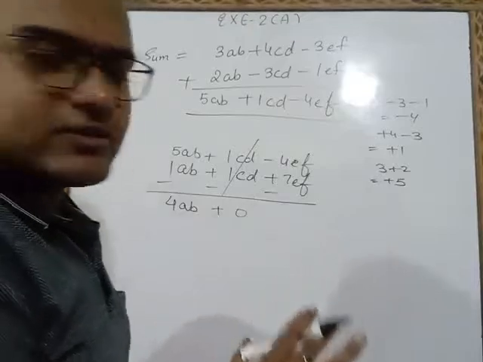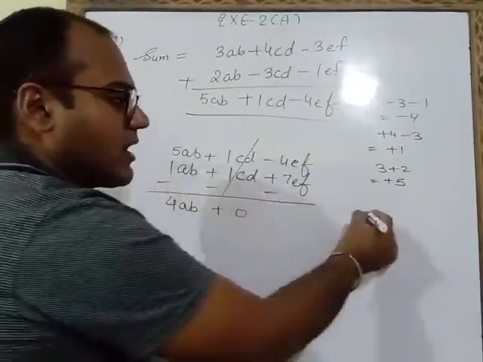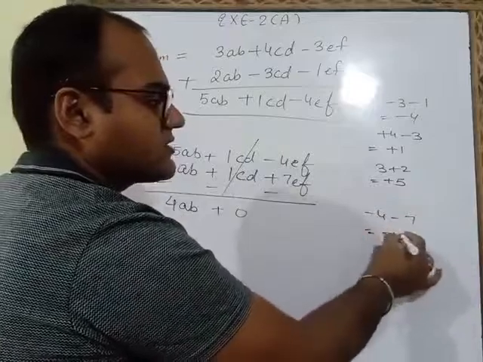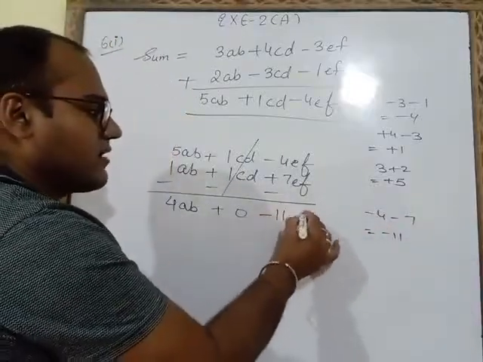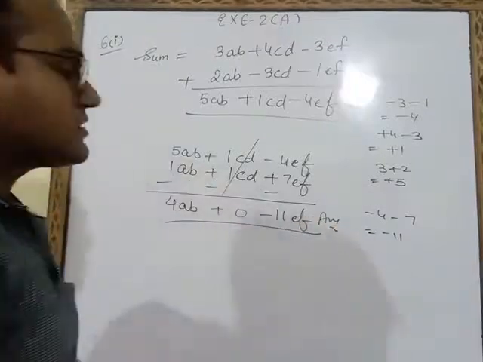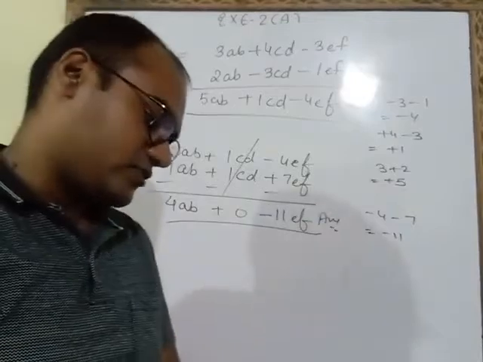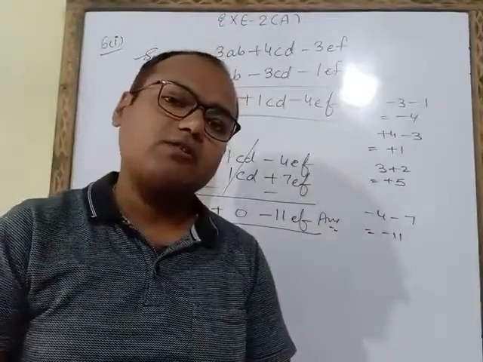Now this is minus 4 and minus 7. Minus 4 and minus 7, answer will be minus 11. So here we will take minus 11 EF. So this is your final answer of 6th question, first part. So like this you have to do part number 2nd also.